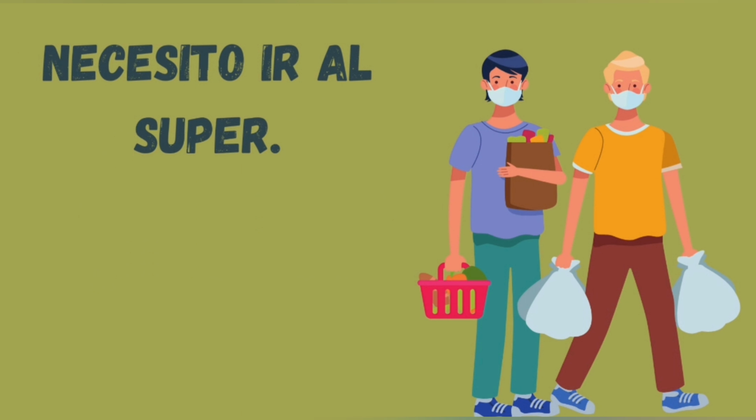Or yo necesito, if you want to put the pronoun I, yo necesito ir al súper. But if you don't want to include the pronoun, also you can say necesito ir al súper. I need to go to the supermarket.